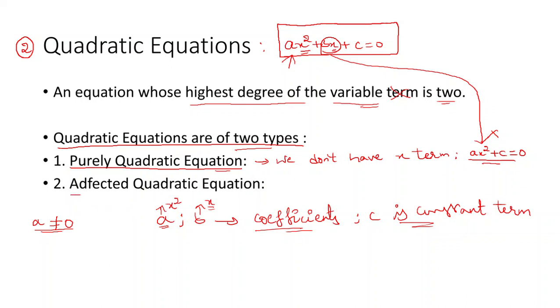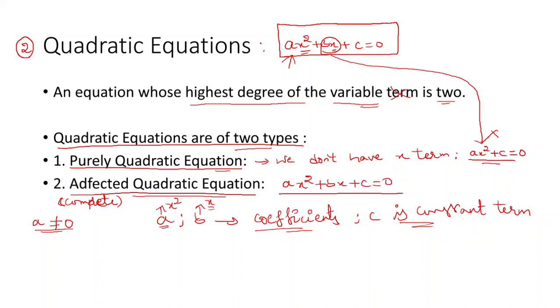Likewise, an adfected quadratic equation, also called a complete quadratic equation, is an equation that has both the x term and the x square term. ax square plus bx plus c is equal to 0.